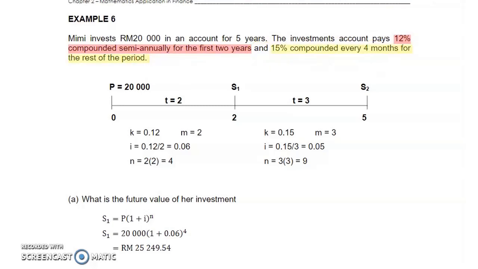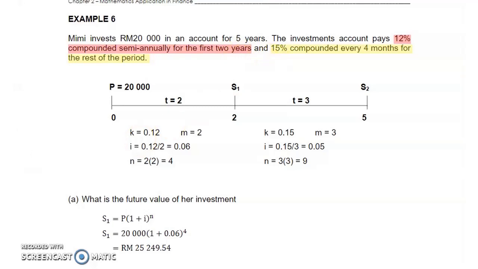The rest of the period means another 3 years. So the total investment period is 5 years.